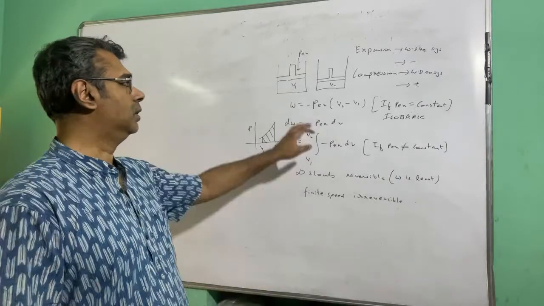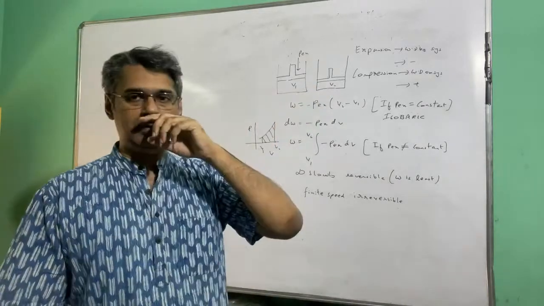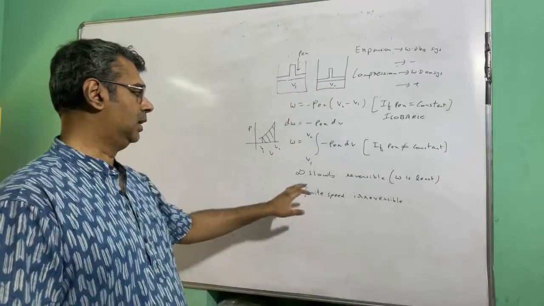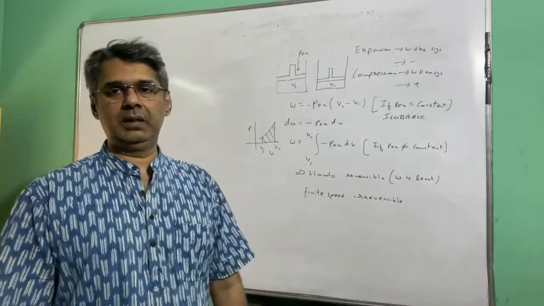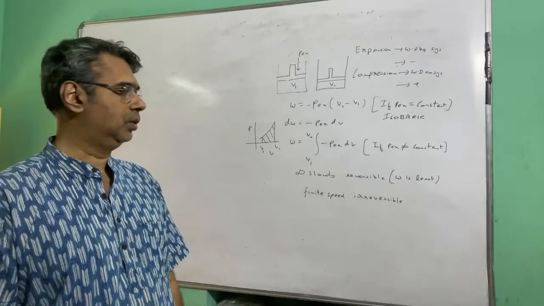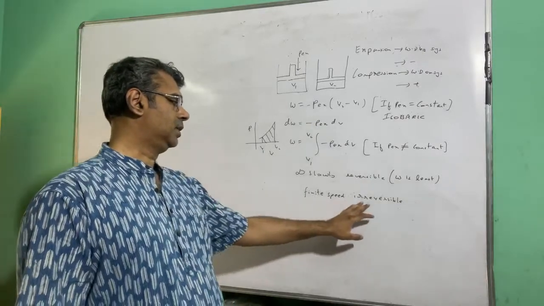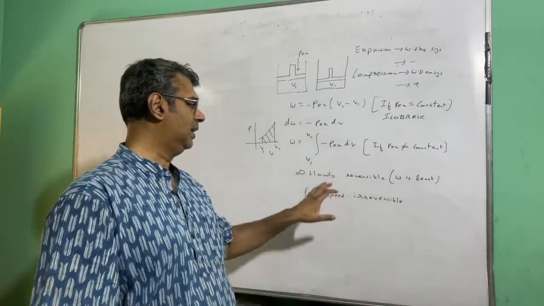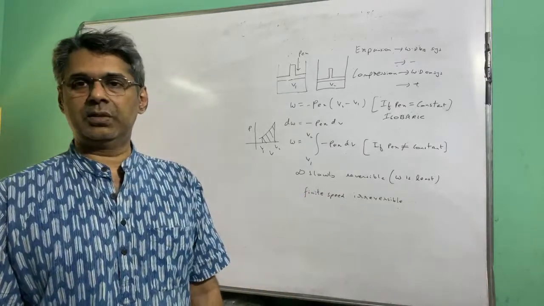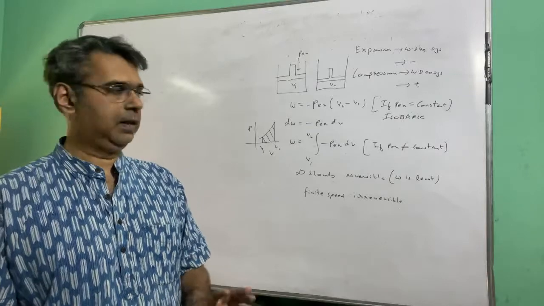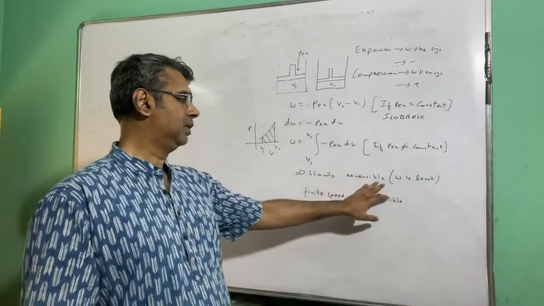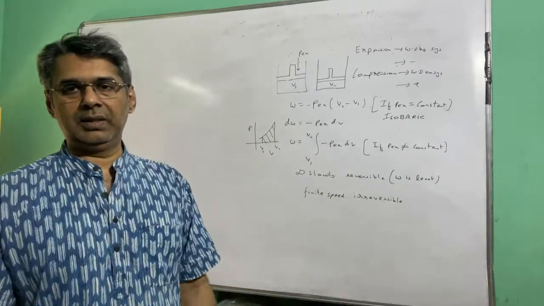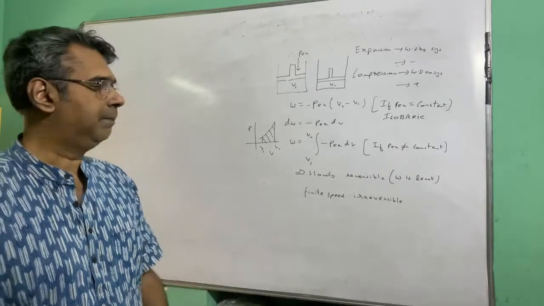In order to take the system from volume V1 to V2, if you conduct the process infinitely slowly, then the work done will be the least. It's a rule. If the process takes place at finite speed, anything other than infinitely slowly, it is called irreversible. It's as simple as that. And if it is reversible, then the work done on the system will be the least.